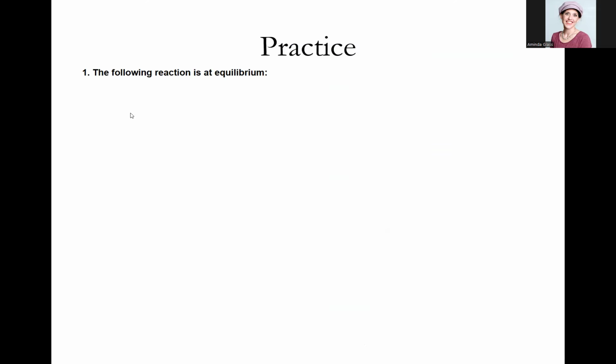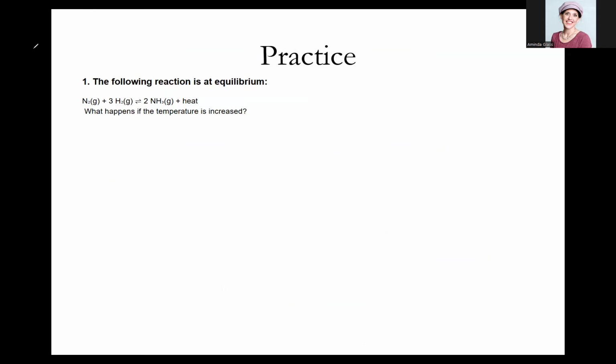Think of equilibrium as a teeter-totter. So here we have this reaction. And what happens if we increase the temperature? So the temperature gets hot. Remember, we had our teeter-totter. We're increasing the temperature. Which side is going to be heavier?